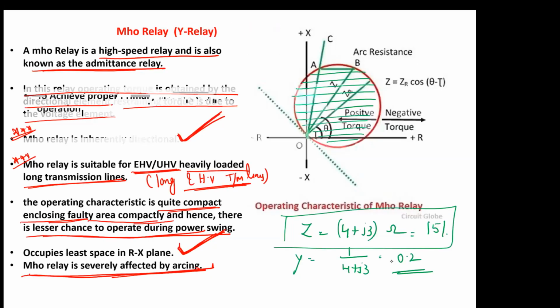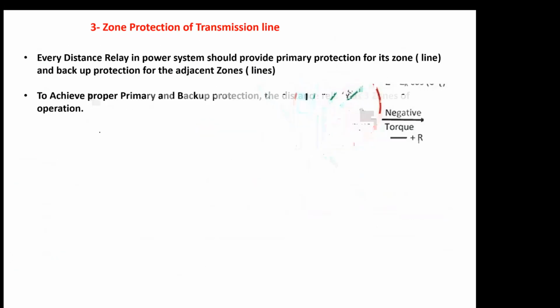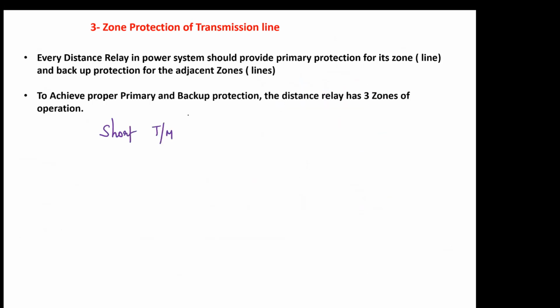So what I mean to say is that for short transmission lines, we use the reactance relay. Why? Because in short transmission line, arcing is severe. We need a relay which is not affected by arcing.